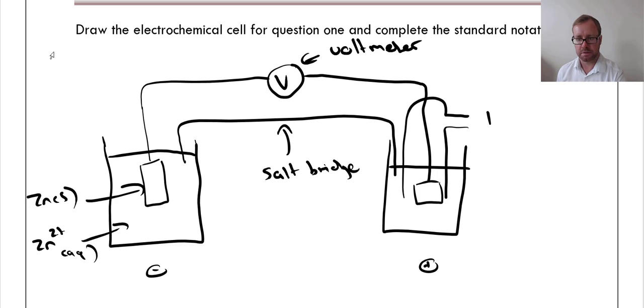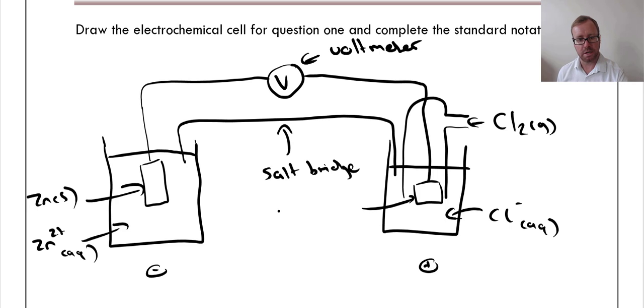What else do I need? Whoops, I'm not doing a standard electrode. We are doing Cl2 gas, which goes in here, which means my solution must be Cl-. And because we're using a gas, this must be a platinum electrode.